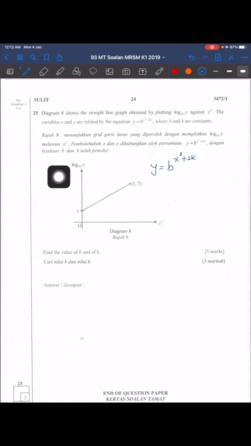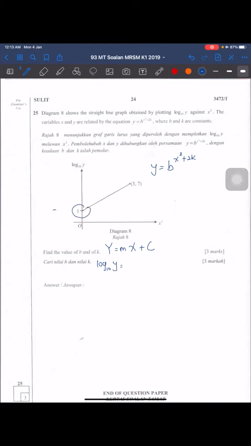Biasanya daripada diagram ni kita boleh terbitkan equation dia terus. For example, saya ada y equals to mx plus c. So kita tengok balik. Capital Y ni sebenarnya adalah paksi y. So log tan y equals to m adalah gradient kan.